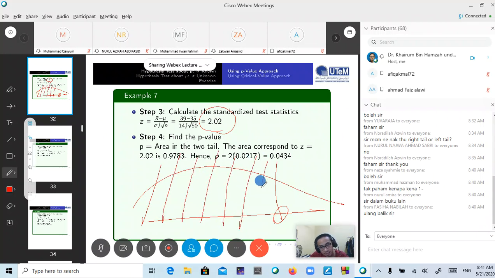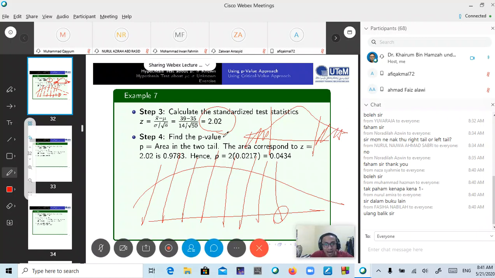Tapi you want to solve for two tail. Tail, dia hanya ambil yang ni sahaja, sebelah kiri sikit, sebelah kanan sikit. Sebab tu kita buat 1 minus.